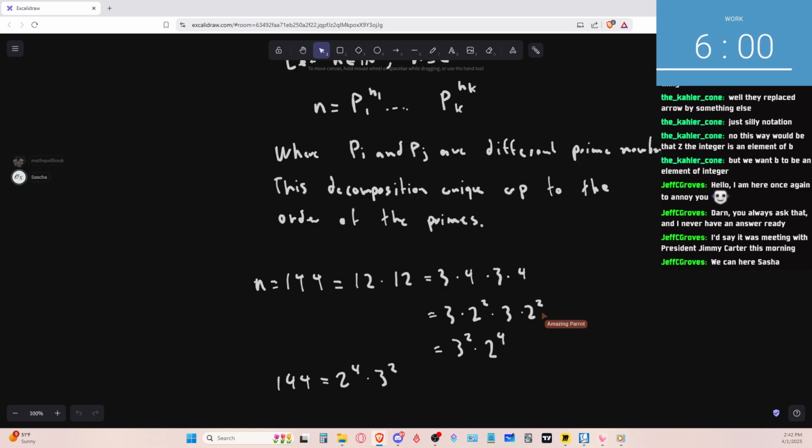Yeah, I mean, usually you have some context. So unique here means, as I said, the p_i and the exponents are completely determined by n. But other than that, that's what unique means.